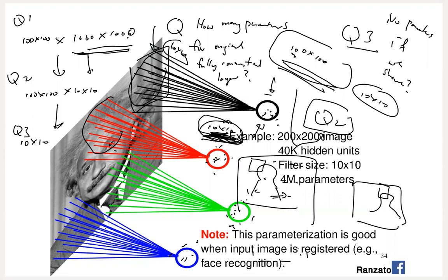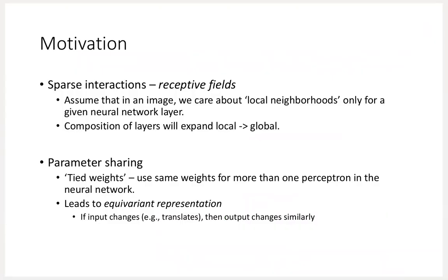So the CNN layer is nothing but weight sharing and also a limited reception field. And that's it. This is the major take-home message.